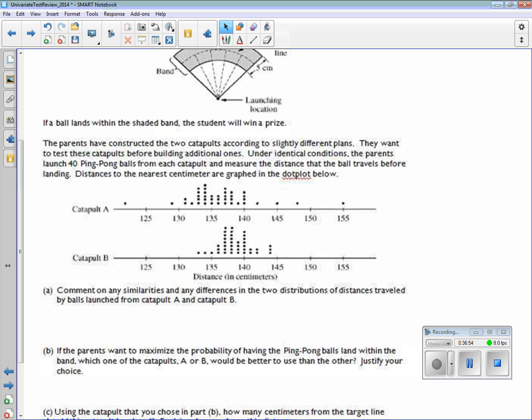Which one has a bigger spread? Catapult A. What does that mean in context? Let's say that I'm Catapult A and Deja's parents are Catapult B. Who has the bigger spread? Miss Macker. What does that mean in context? I'm less accurate, right?